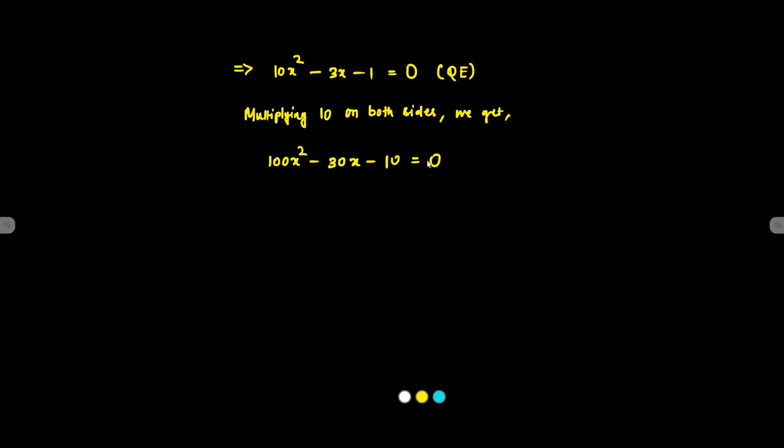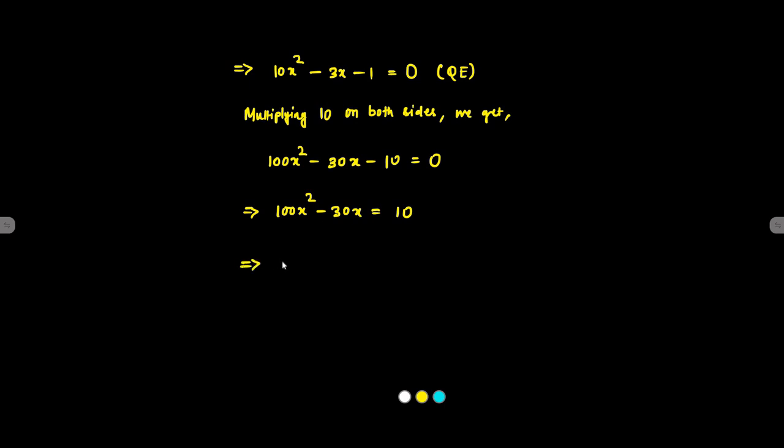That implies, now we'll take this minus 10 to the other side. 100x square minus 30x is equal to 10. Now we have to bring this side into a minus b whole square format.